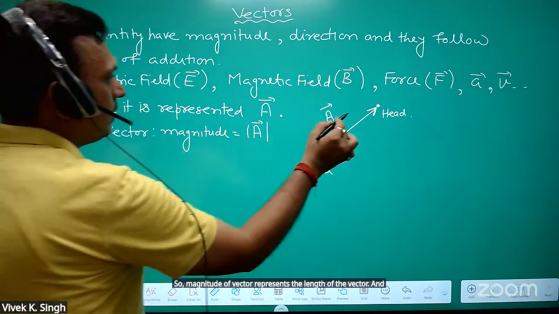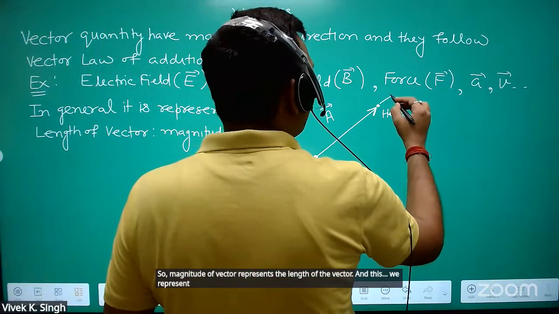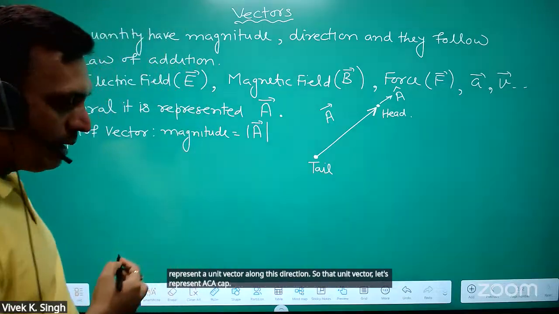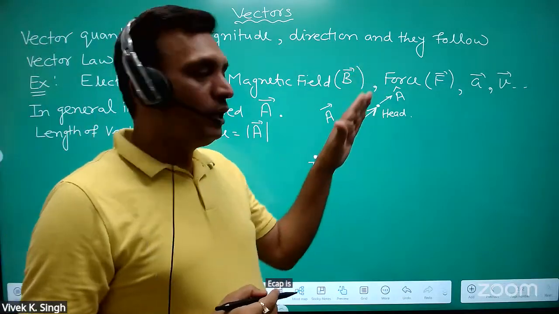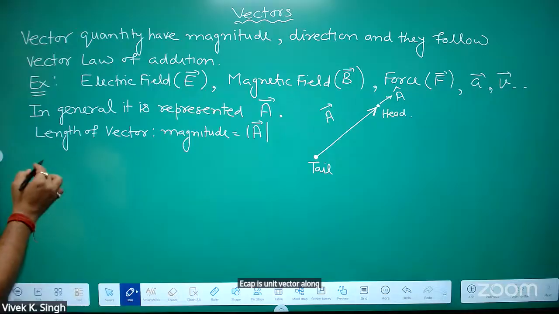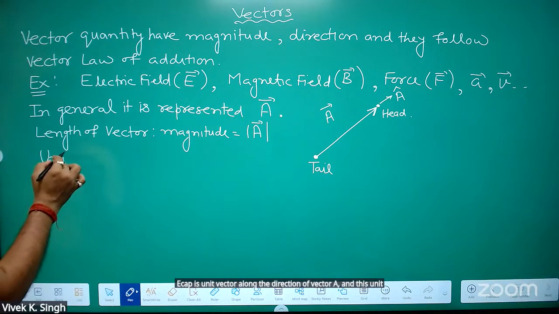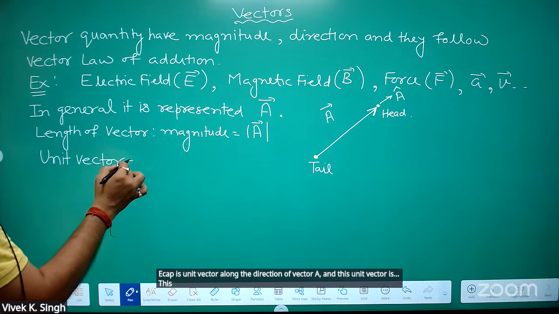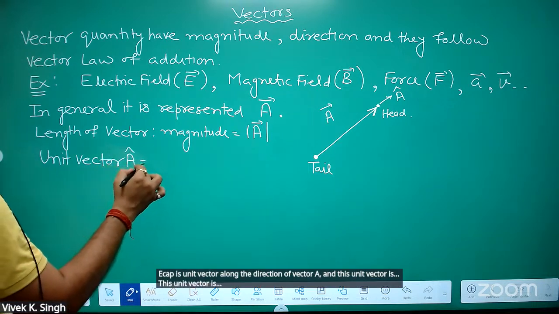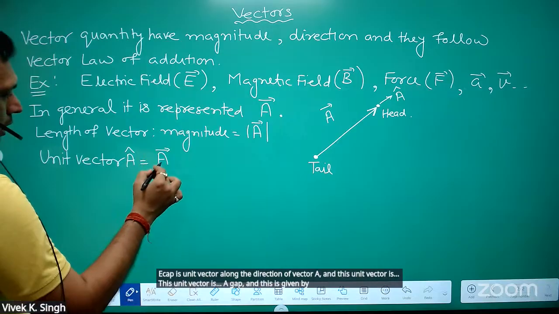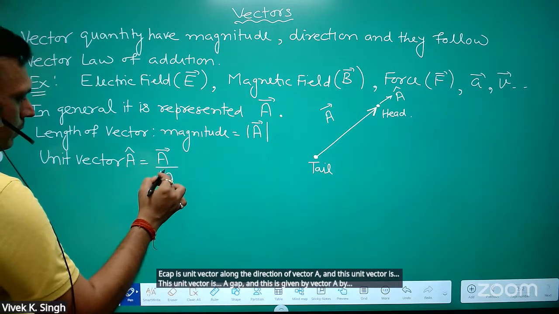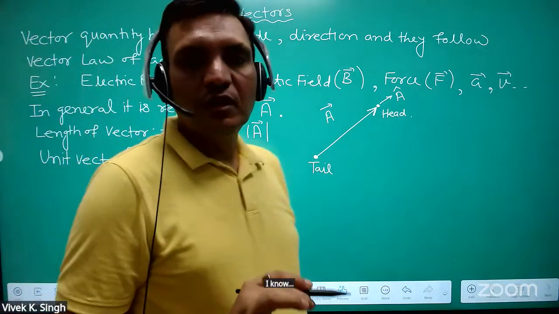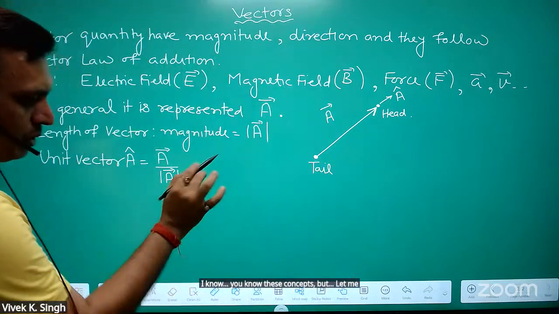And we represent a unit vector along this direction. Let's call that unit vector A cap. A cap is the unit vector along the direction of vector A, and it is given by vector A divided by mod A. I know you know these concepts, but let me just introduce the basic points.